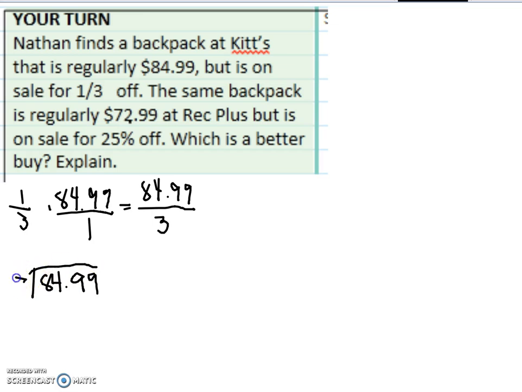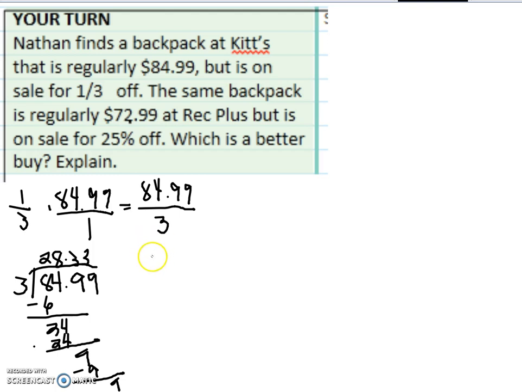This will go into here 2 times, this will go into here 8 times, this will go in 3 times, and this will go in 3 times. So we have $28.33 off.